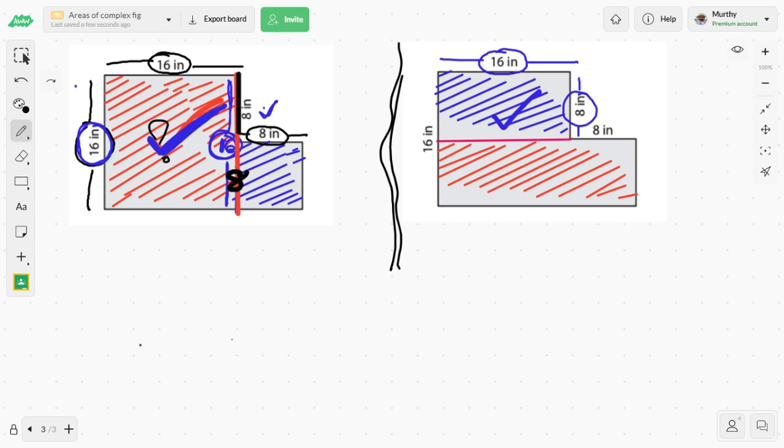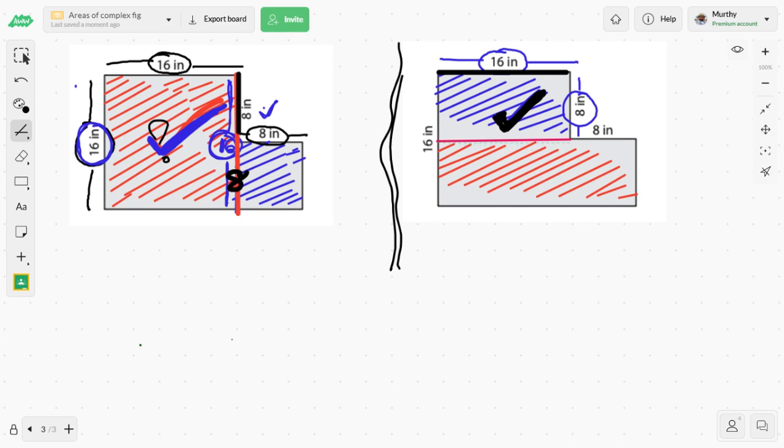Again, as I mentioned before, for the first one, I know the length and width, so I can compute it. The length is 16 here, and for the second one the width is 8 here. When it comes to the second one, what is the length? We don't know. But observe carefully that this part is 16.